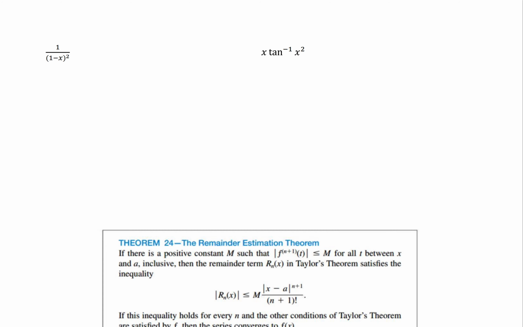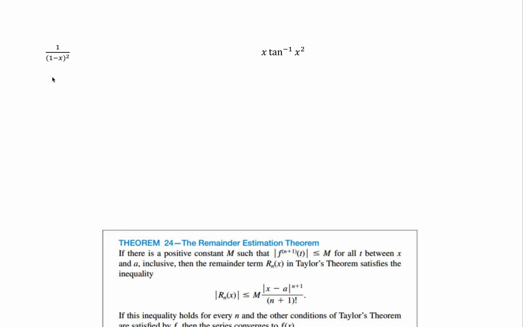So finishing up those second two examples here. The first one, we've got 1 over 1 minus x quantity squared, and we're asked to find a Taylor series for this. Now, I want to point out a couple things really quickly.